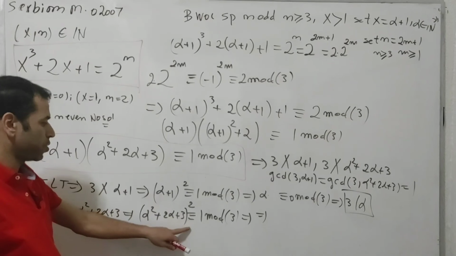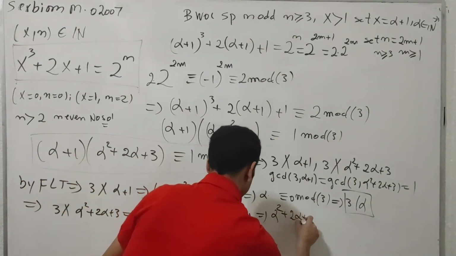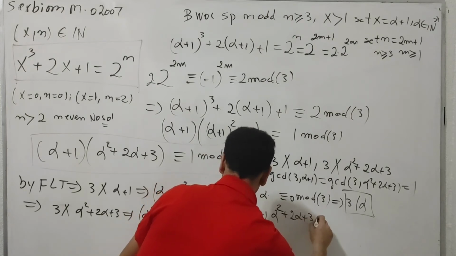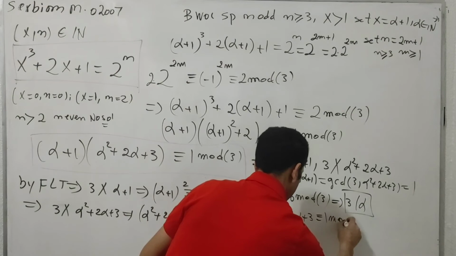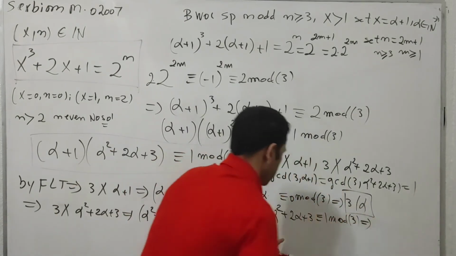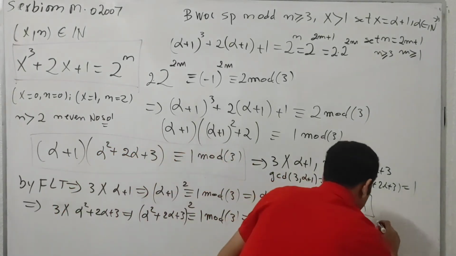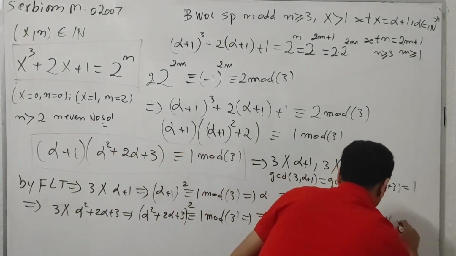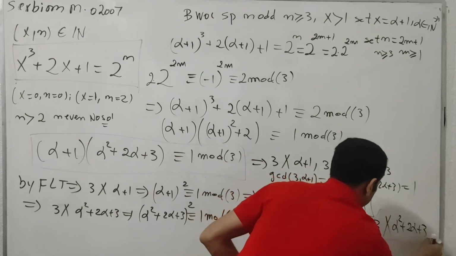By taking off this exponent, I will have alpha squared plus 2 alpha plus 3 is congruent to 1 mod 3. But this one is telling us 3 does not divide this term because you have 1 here. 3 does not divide alpha squared plus 2 alpha plus 3. Okay, this is very nice.